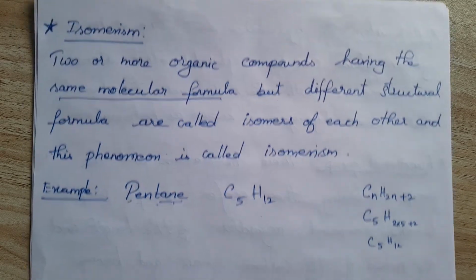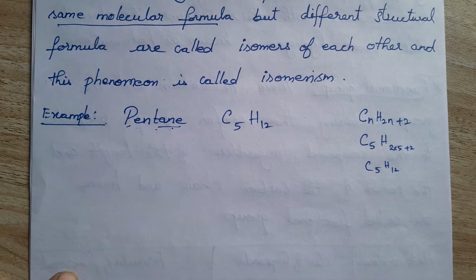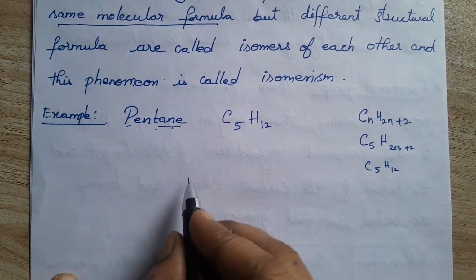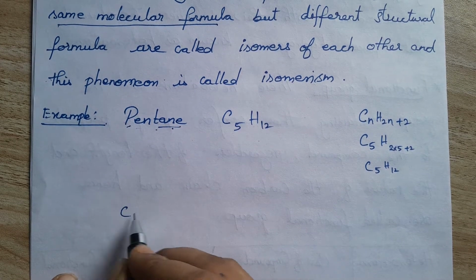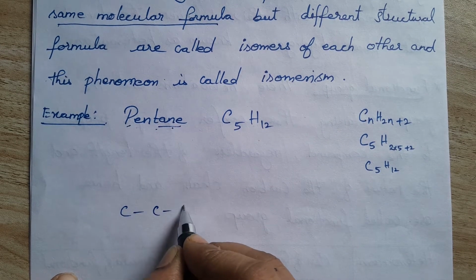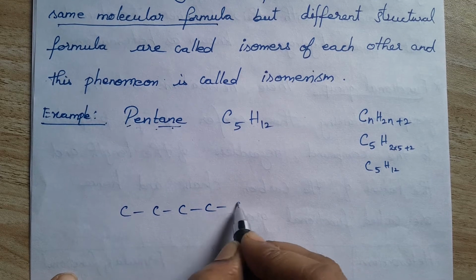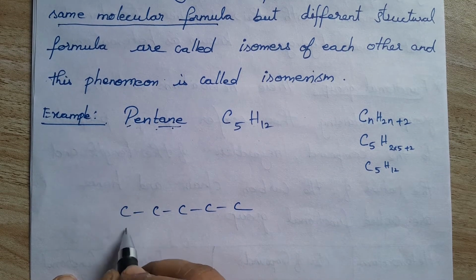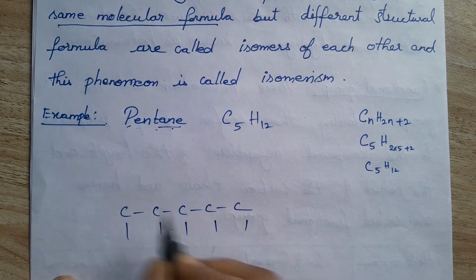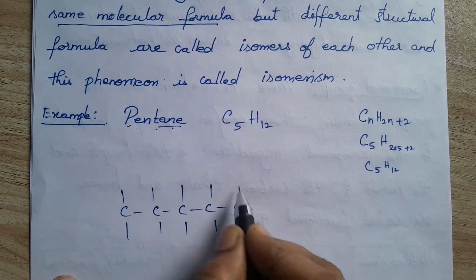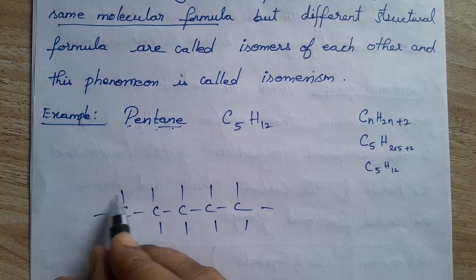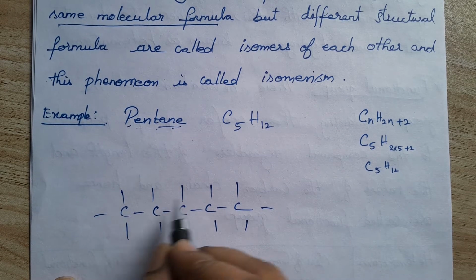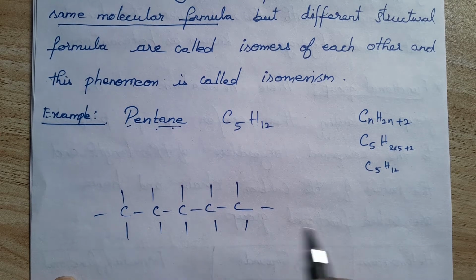Okay, so first we'll go for the straight line, long chain method. How many carbons are there? 5 carbons are there, so connect them in a straight line, 1 2 3 4 5. Now the valencies of all the carbons are satisfied, 4 here, 4 here.